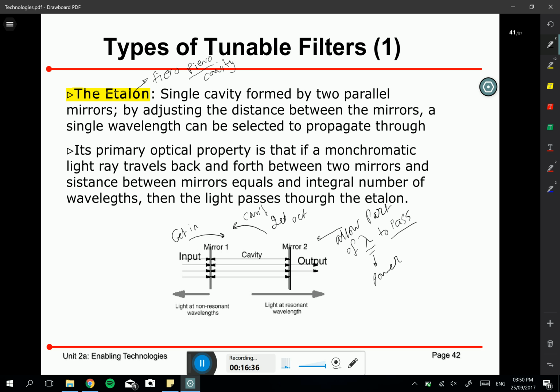So, now at a certain point in time I have to change the wavelength that I want to receive. As I said last time, you can tune a laser, and now you can tune a filter. How do you tune this filter? You change the distance between these mirrors, if it's a mechanically tuned Etalon filter.